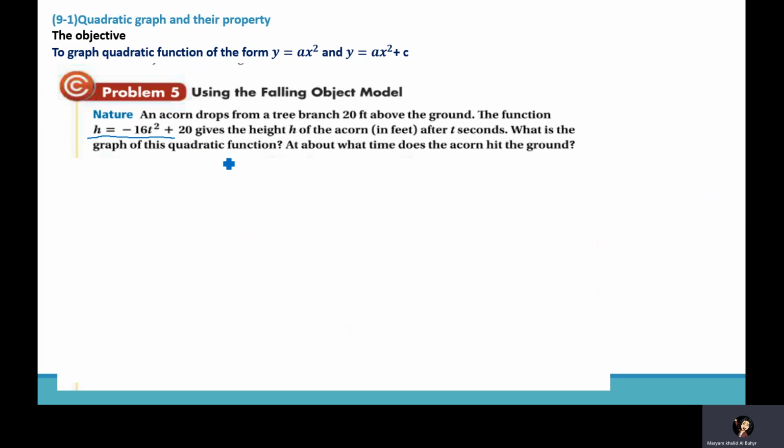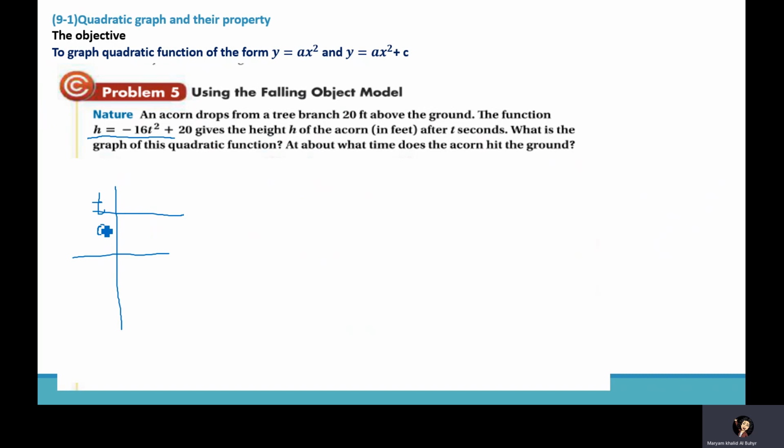Now, what is the graph of the quadratic function? We need to graph this one. Once we make our table, keep in mind you cannot have negative values for t, which is time. You cannot go back to yesterday, or even to today, before 1 second.